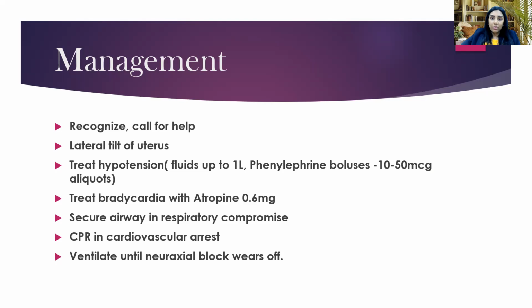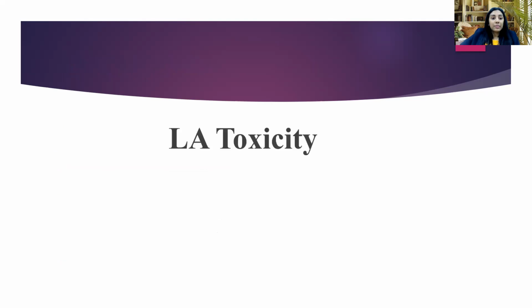The high spinal can also cause profound bradycardia, which needs to be treated with atropine. Secure the airway in respiratory compromise. In certain conditions, your patients can arrest, so you need to start your CPR. And ventilation is usually until the neuraxial block wears off, so it can take probably more than 24 hours.